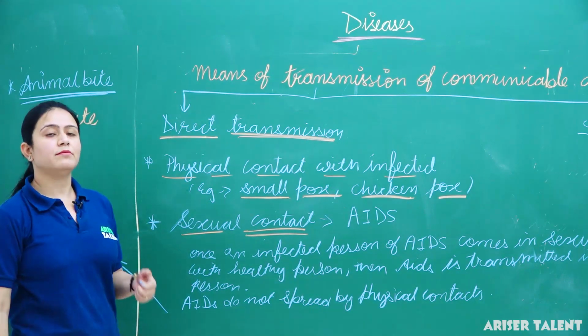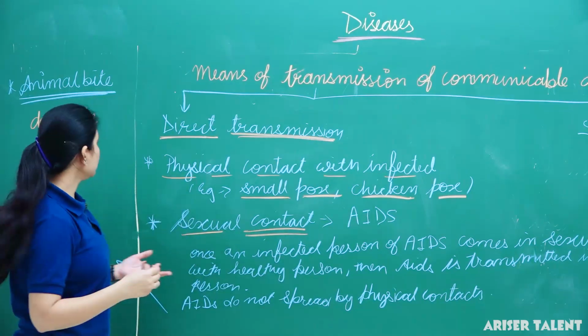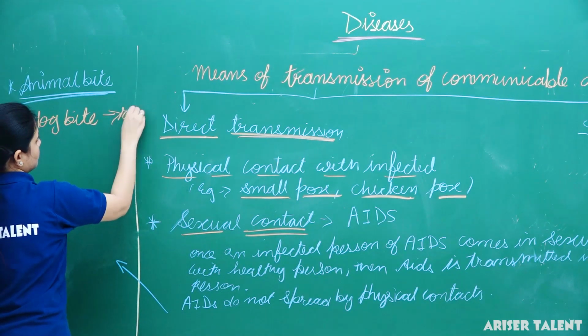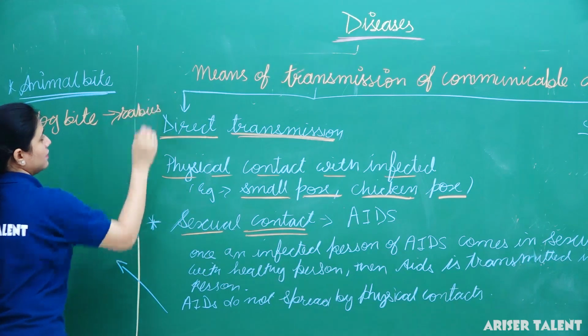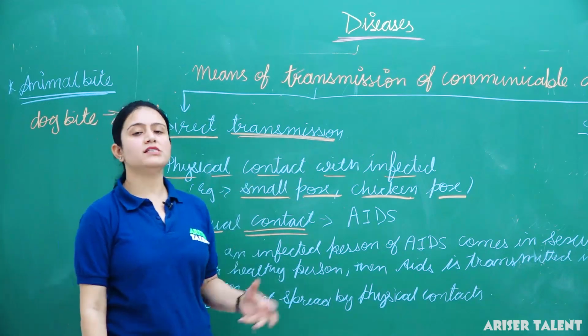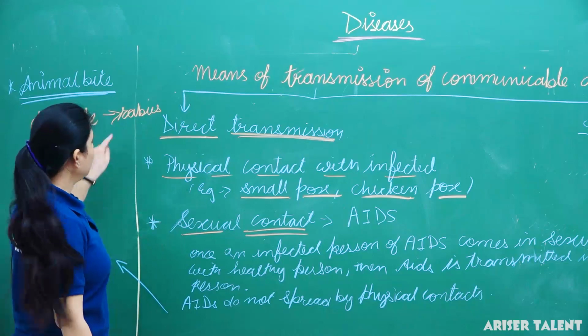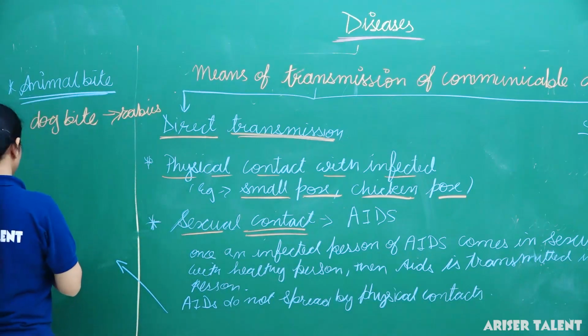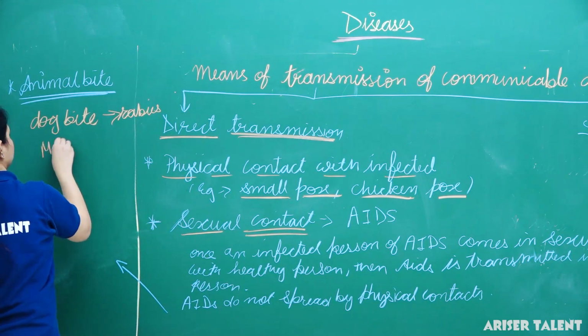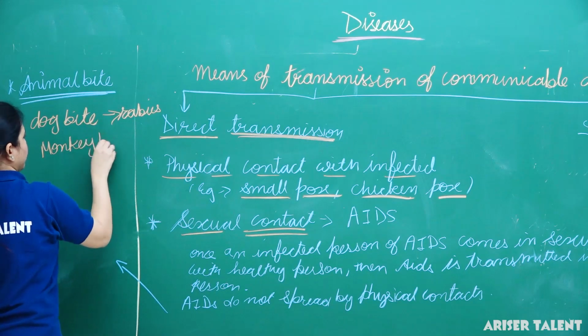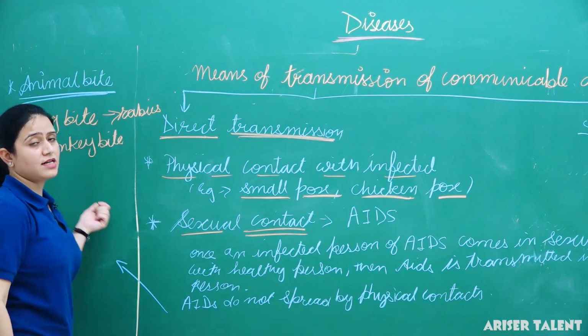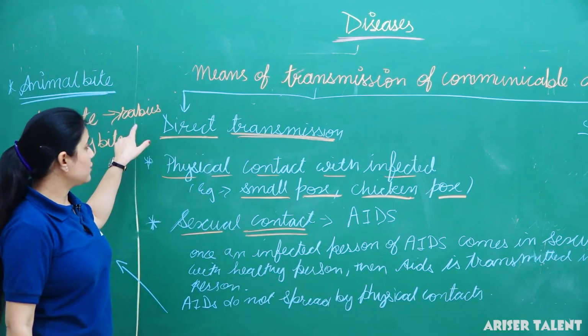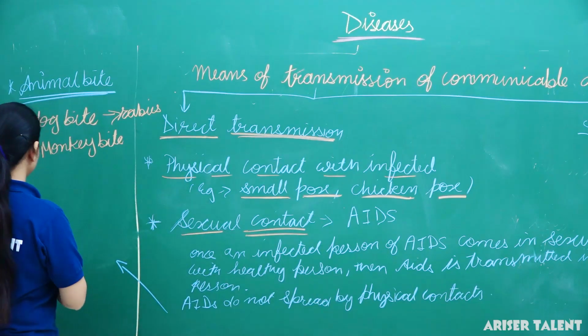If a dog bites a healthy person, it can cause rabies. The same happens with monkeys. When monkeys bite a healthy person, they may cause rabies. Their saliva has germs which cause the disease rabies.